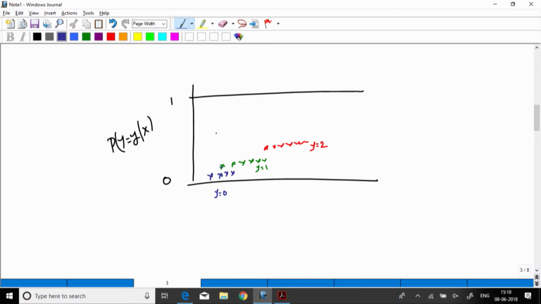Up to here it will be 1, then it will be a little less because of the green, and then it will come to 0. And red will be on this side, then it will come down a little bit, and then it will be 0.